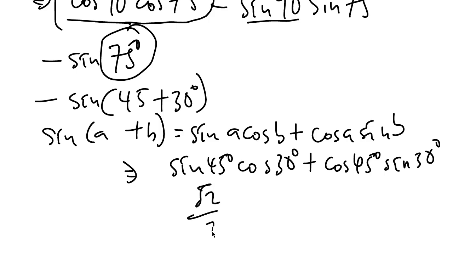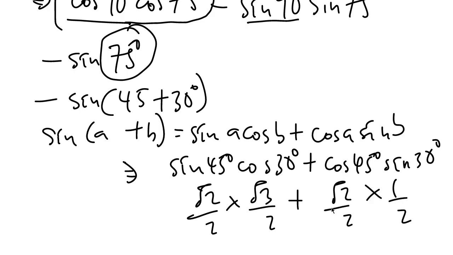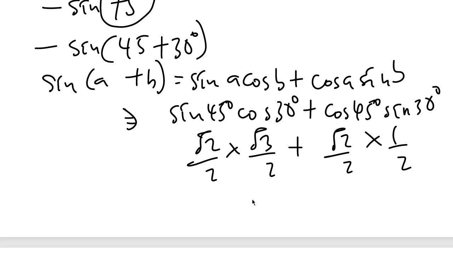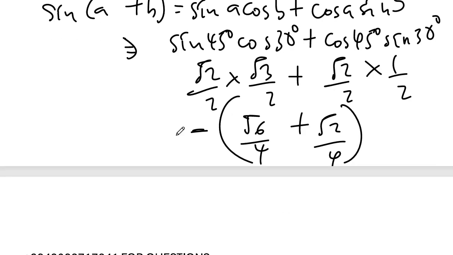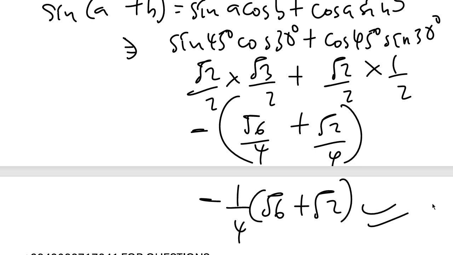Root 2 over 2 multiplied by cos 30, which is root 3 over 2, plus cos 45, which is root 2 over 2 times half. Then that's going to be root 6 over 4 plus root 2 over 4, and then remember that there is a negative, so that's going to be negative 1 over 4 into root 6 plus root 2, and that is the value.